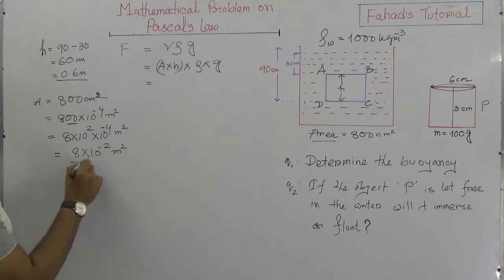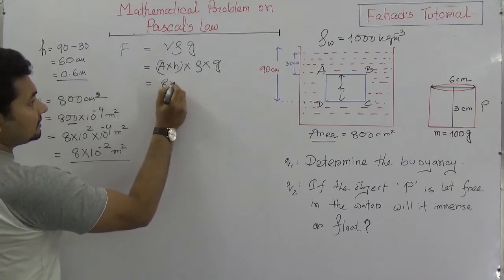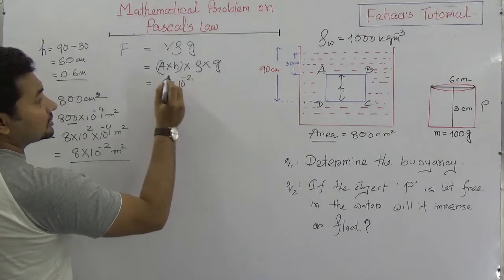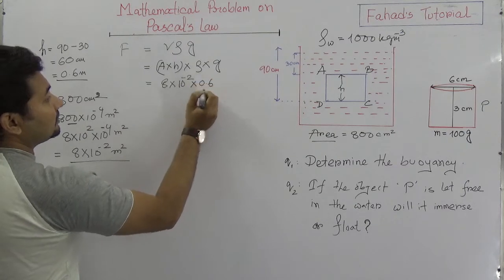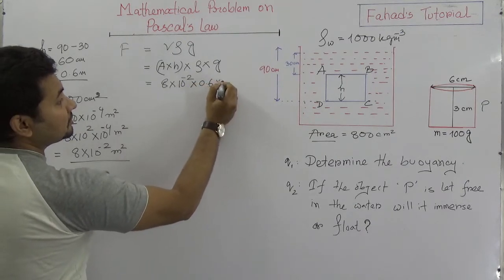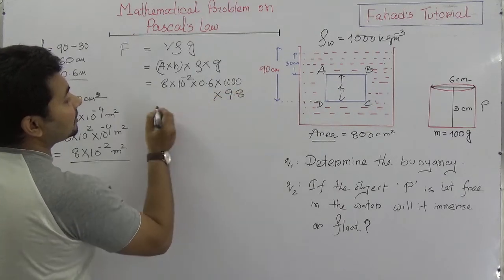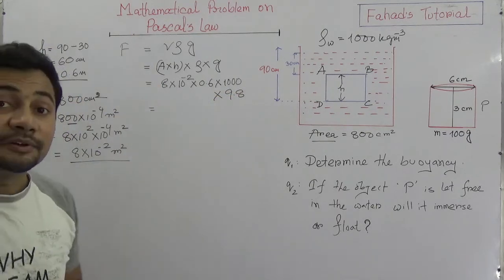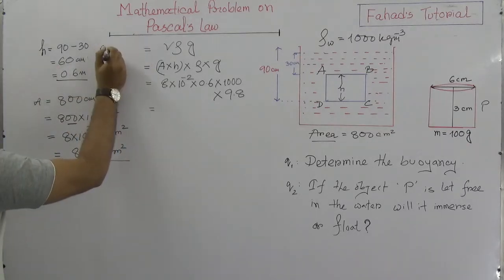So we have the area. That is 8 into 10 to the power minus 2 meter square times 0.6 meter, that is meter cube, into rho is 1000 into g is 9.8. Now you got the buoyancy.